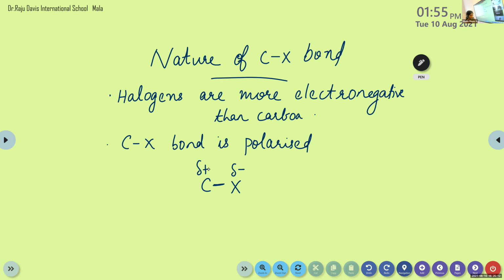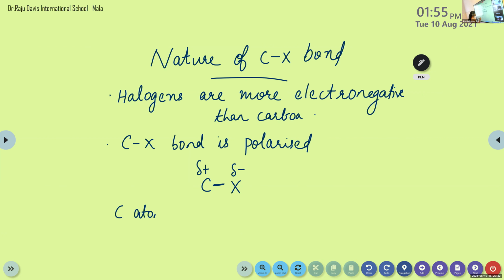partial positive charge. Halogen atoms are more electronegative than carbon. Electronegative means they have more capacity to accept electrons compared to carbon. So due to this electronegativity, in the carbon-halogen bond, X stands for halogens, the bond is polarized. So they will get a partial positive charge and a partial negative charge.